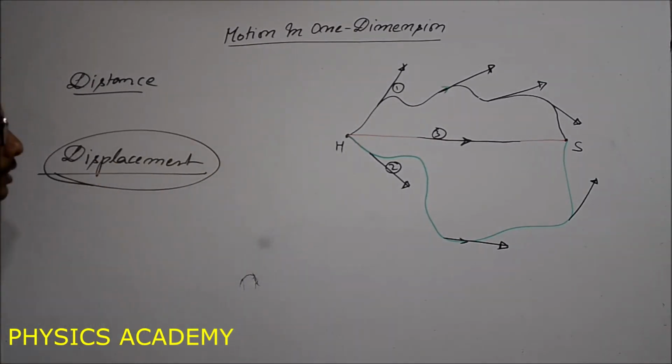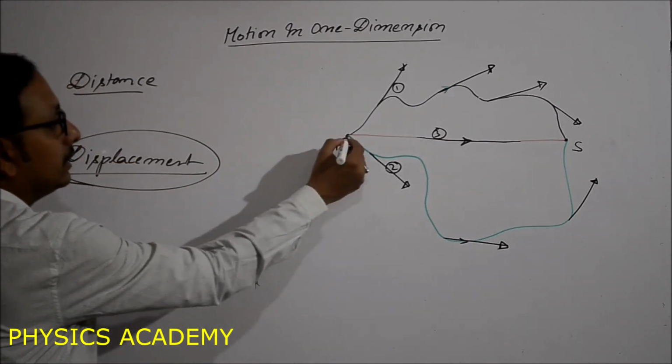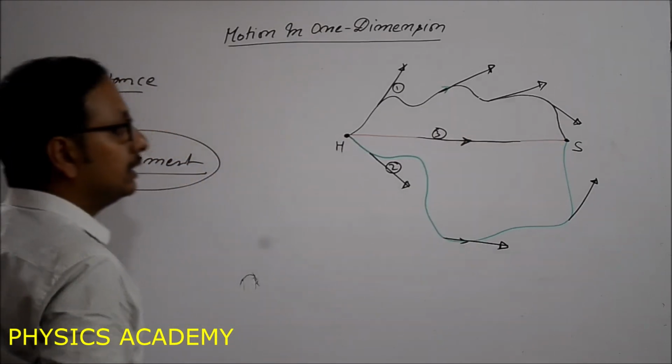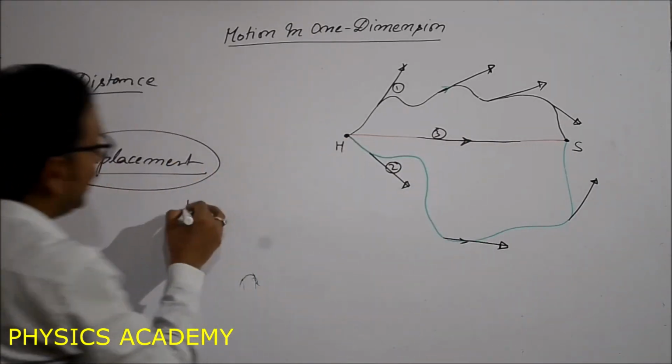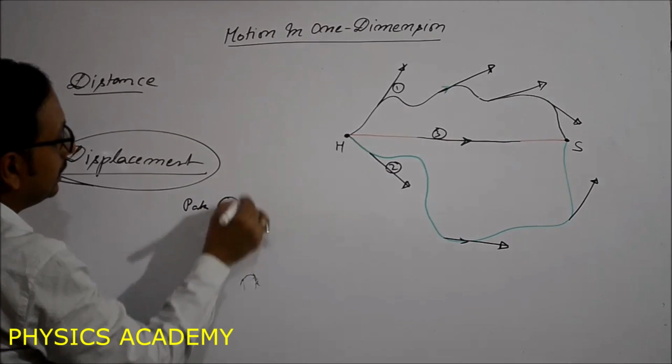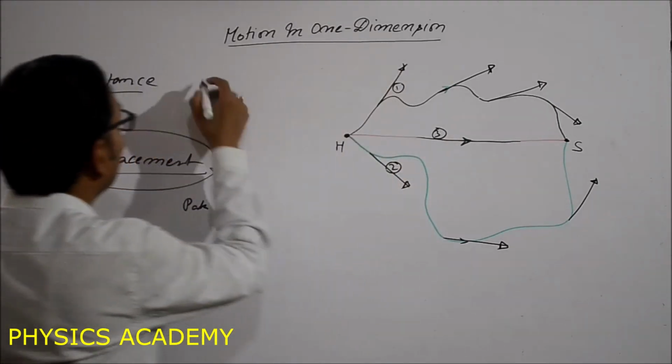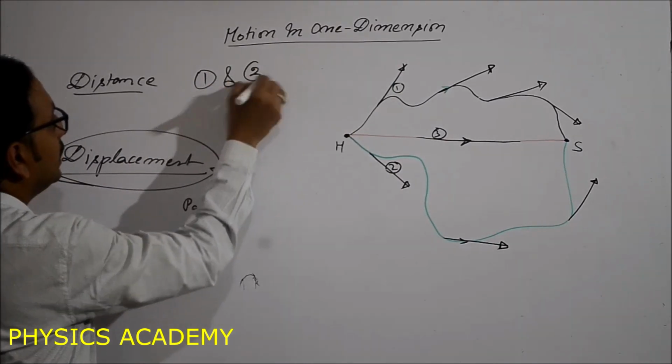That term is called displacement, where the body from H to S took the shortest path. That means this path 3, you can consider as displacement, but for path 2 and 1 both will come under distance.